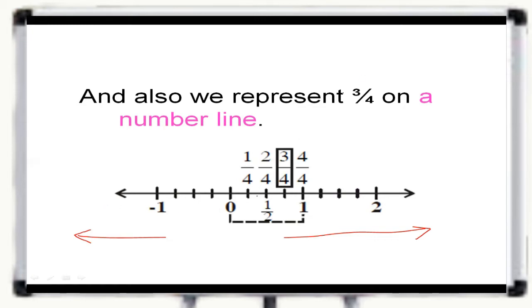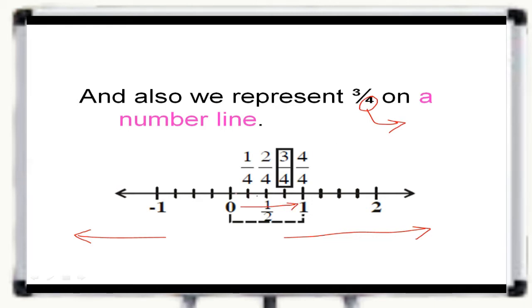Then the denominator shows the number of parts. So here we have to divide each length of an integer into 4 parts.